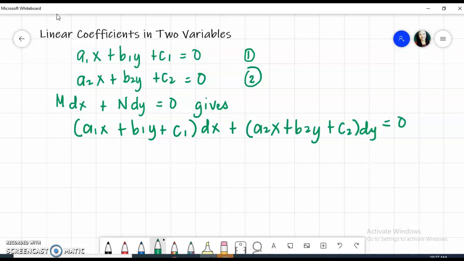Now, this is called the differential equation with linear coefficients in two linear variables.